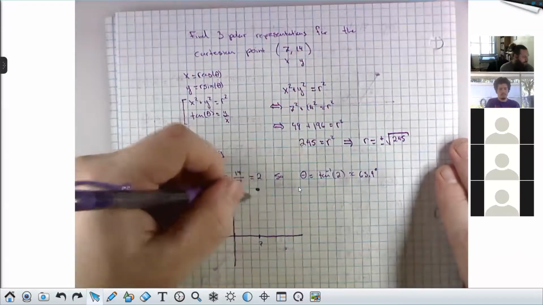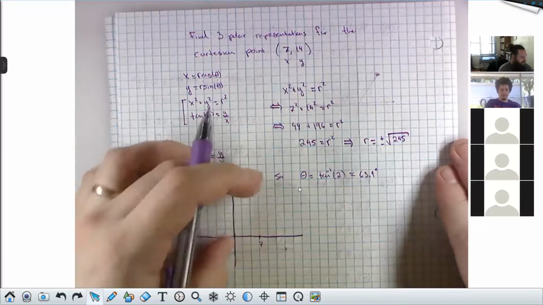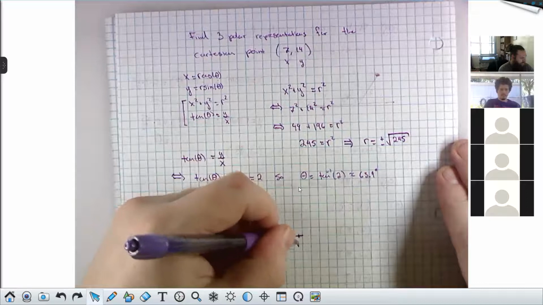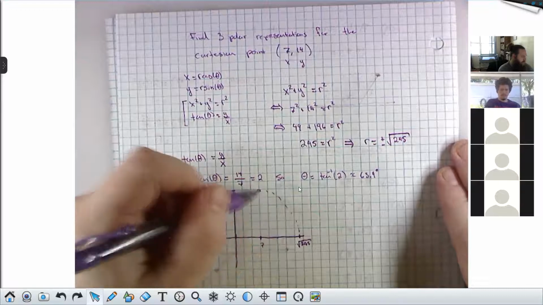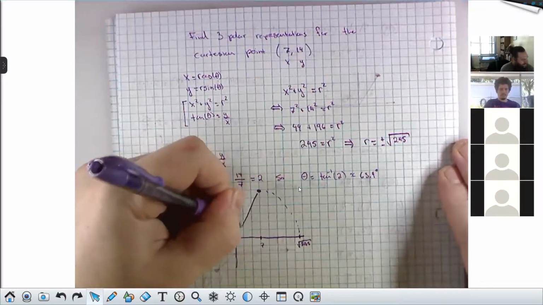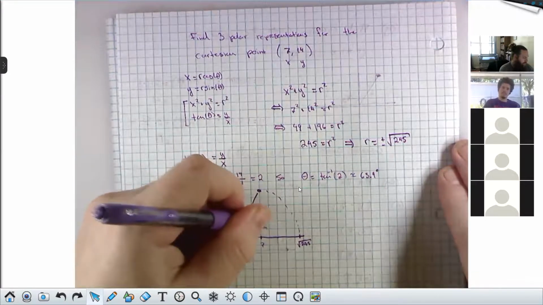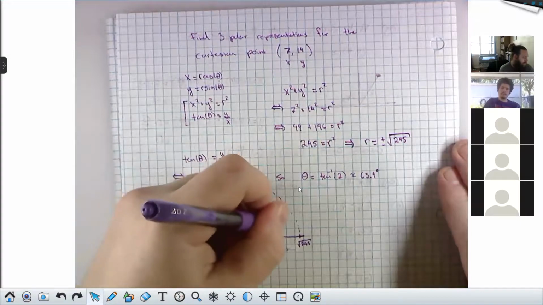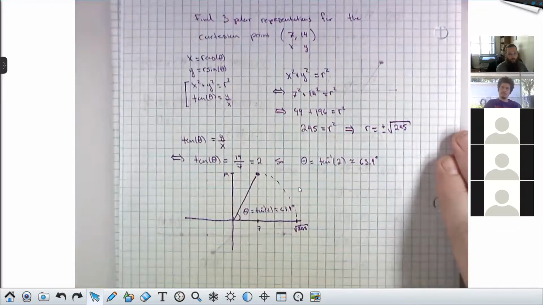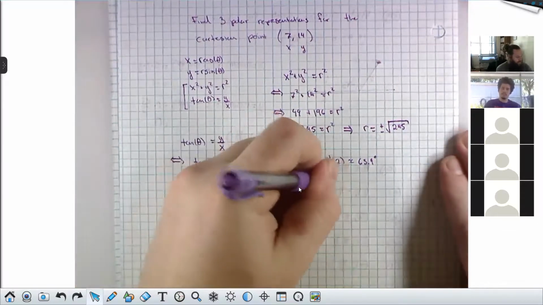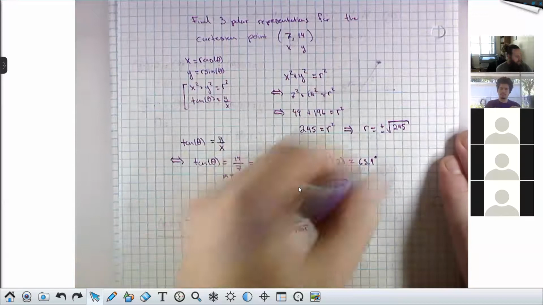I claim that one of the ways to get there is to walk out the square root of 245, this distance, and then rotate up by the angle theta, which is the inverse tangent of 2, or about 63.4 degrees. So one polar representation for this point would be the square root of 245, comma, inverse tangent of 2.